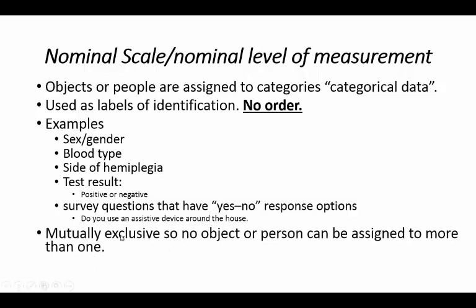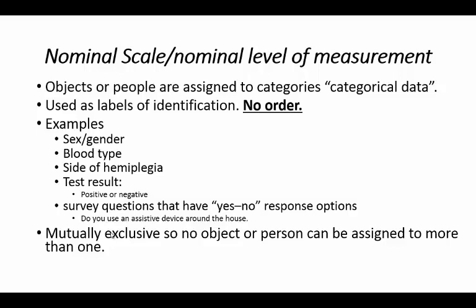They are mutually exclusive. Again, remember, mutually exclusive means there can't be overlap between the two. A man is a man, a woman is a woman. I know we can discuss this forever, but basically a man is a man and a woman is a woman. A blood type O is O and A is A. There is no overlap between them.